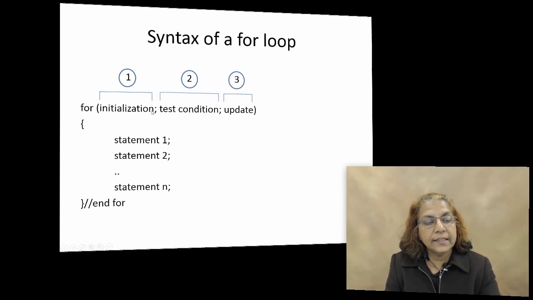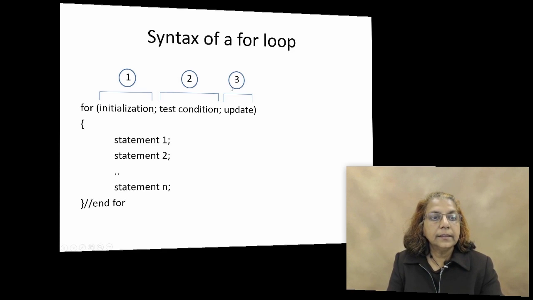This initialization is done only once, and then we test the condition. If it is true, then only we go ahead and all of these statements are executed. When it reaches end for, it goes back and updates the counter, and then the test condition is tested again.